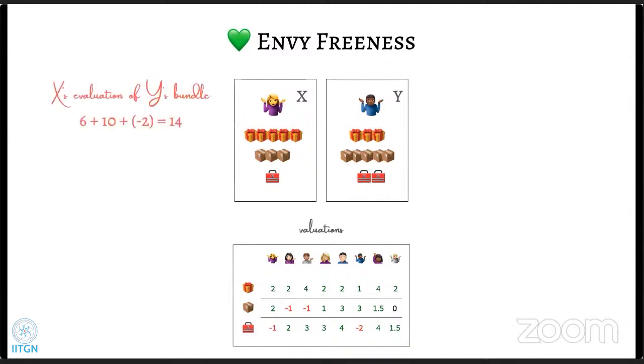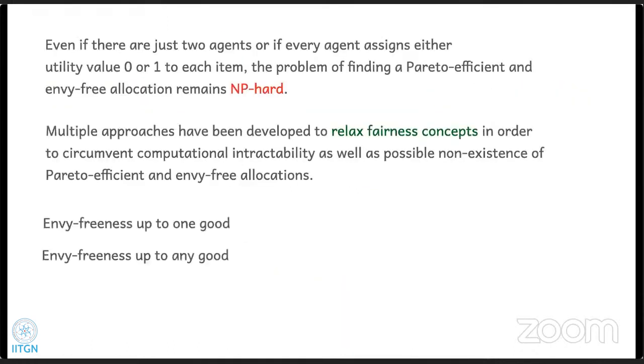There is a stronger notion called envy-freeness after any good. In the previous notion, we said you could remove anything, and in particular, therefore, without loss of generality, you remove the most expensive thing from the other person's bundle.